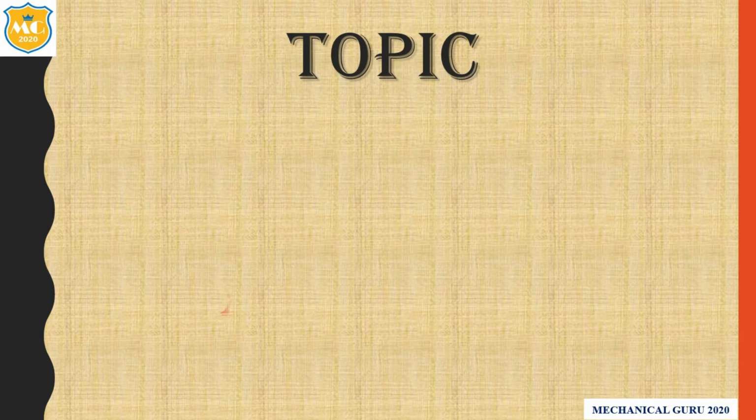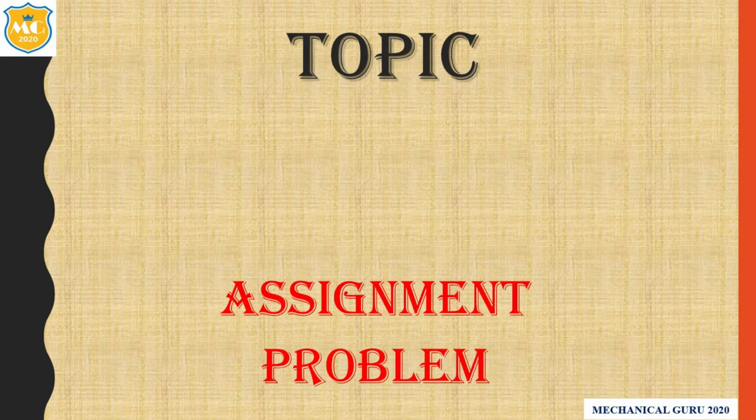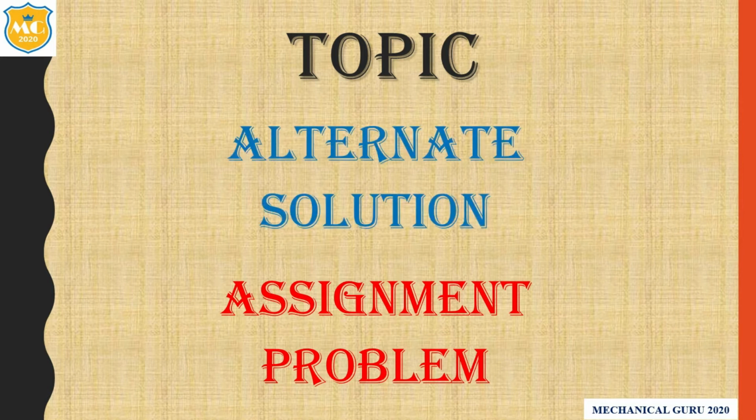In today's video, we discuss the assignment problem. In that we cover alternate solution. So first we understand what is alternate solution in assignment problem. Sometimes it is possible to have two or more ways to cross zero in the reduced matrix for a given problem.